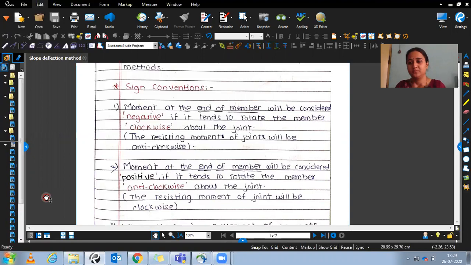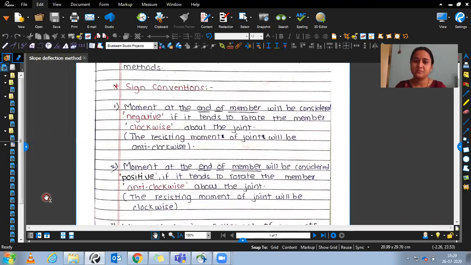And as we know, for every action there is an equal and opposite reaction. So the resisting moment at the joint will be in anti-clockwise direction, and that effect will be nullified here.